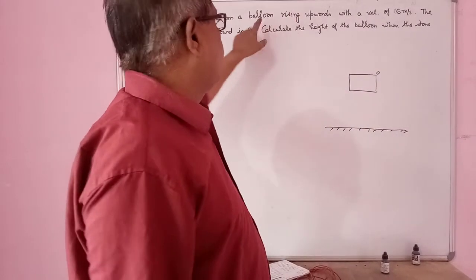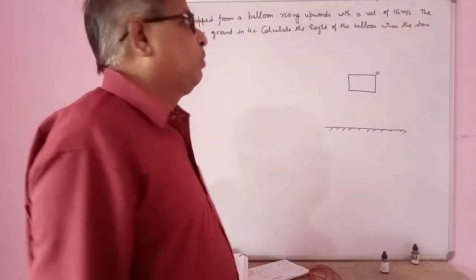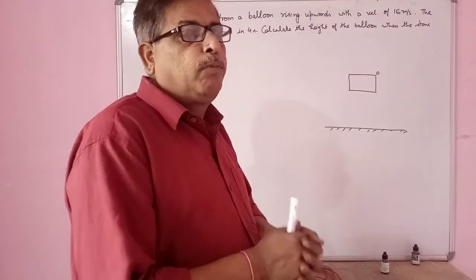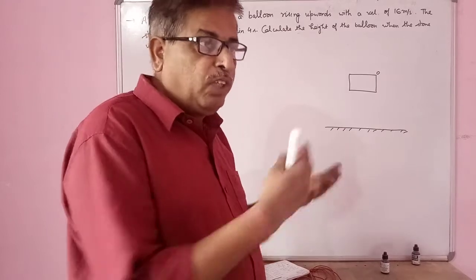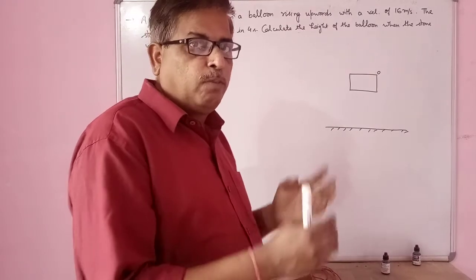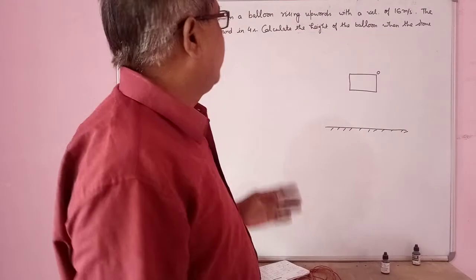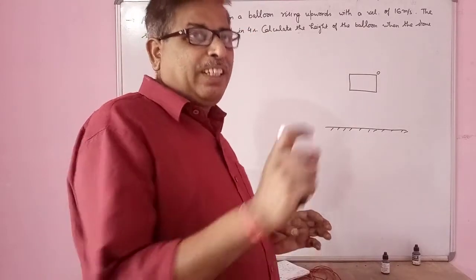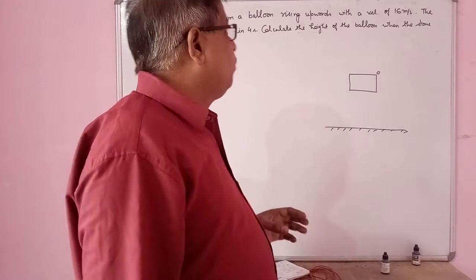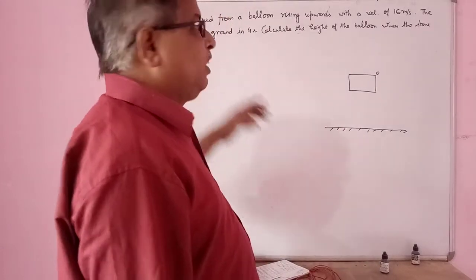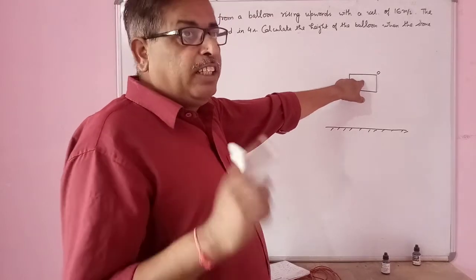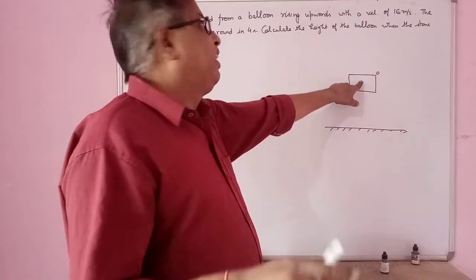When we release the stone from the balloon, or from a vehicle, a train, a bus or anything else, the initial velocity of that stone will be the initial velocity of that vehicle. Here, the initial velocity of that balloon.